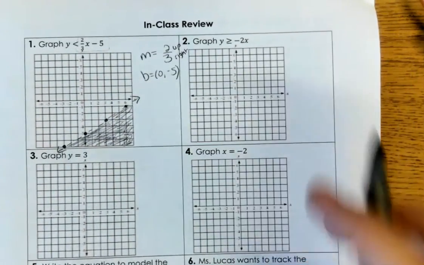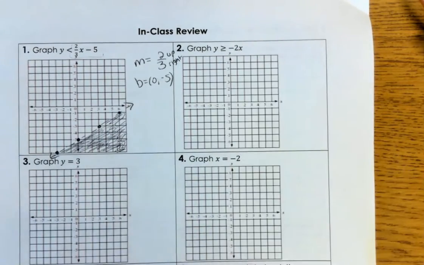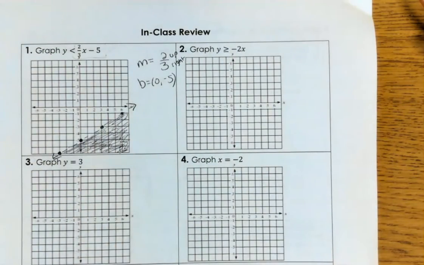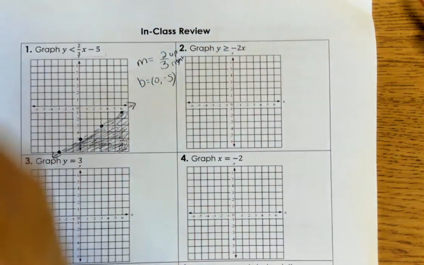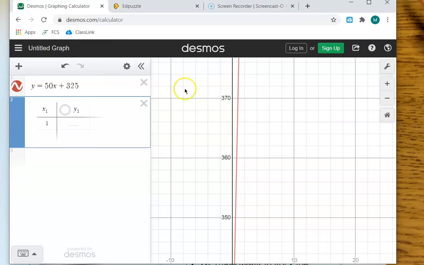All right, graph y is greater than or equal to negative 2x. Oh wait, let's check our work on Desmos before I move on.